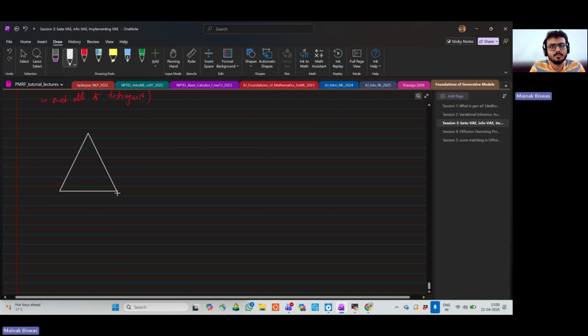Okay, this should be a trapezium. I'll try to import it.